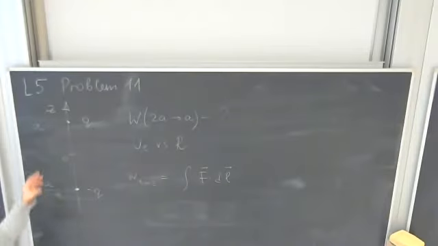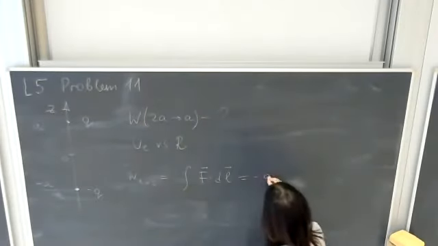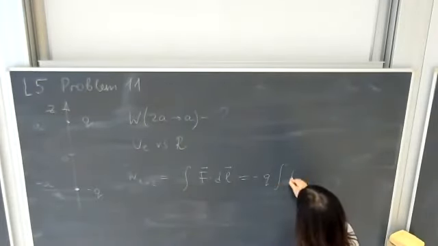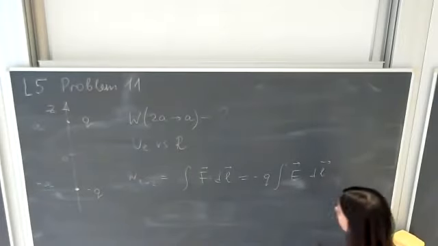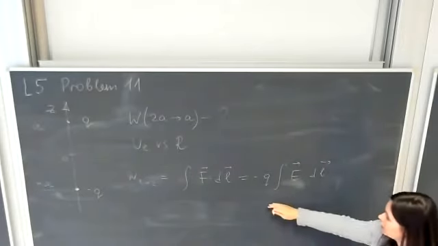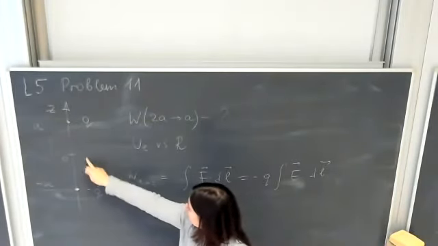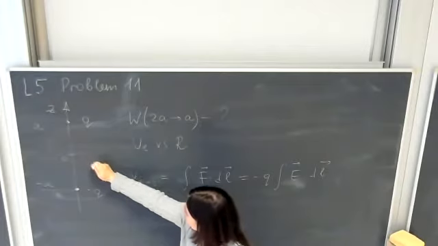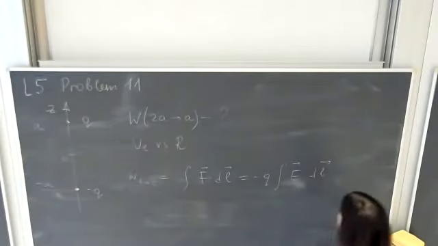Electrostatic force: the charges have a different polarity, so it will be an attraction force, which can be written as minus q, if we bring this charge here to change the position from 2a to a.